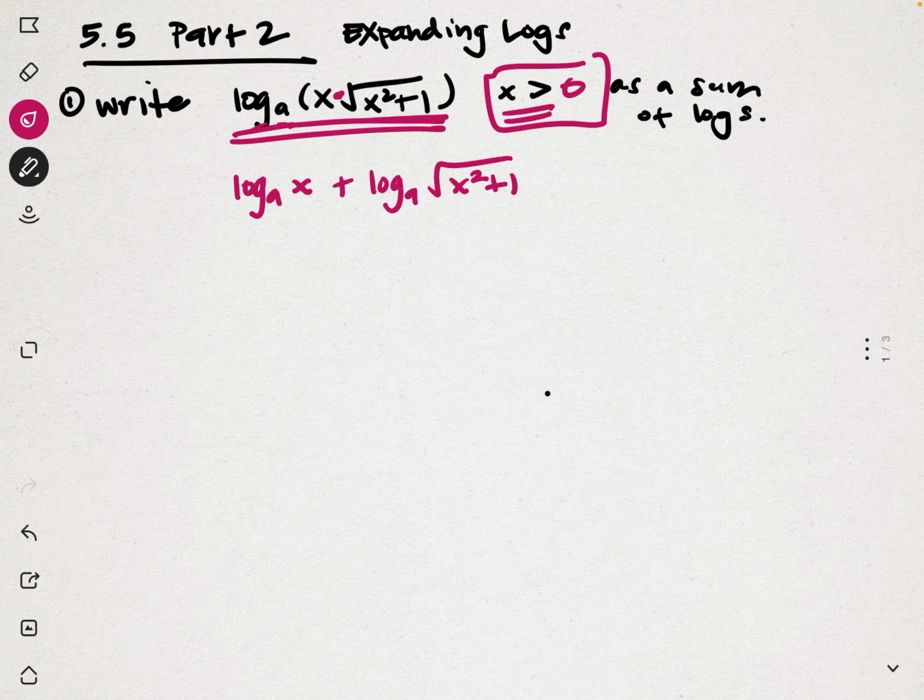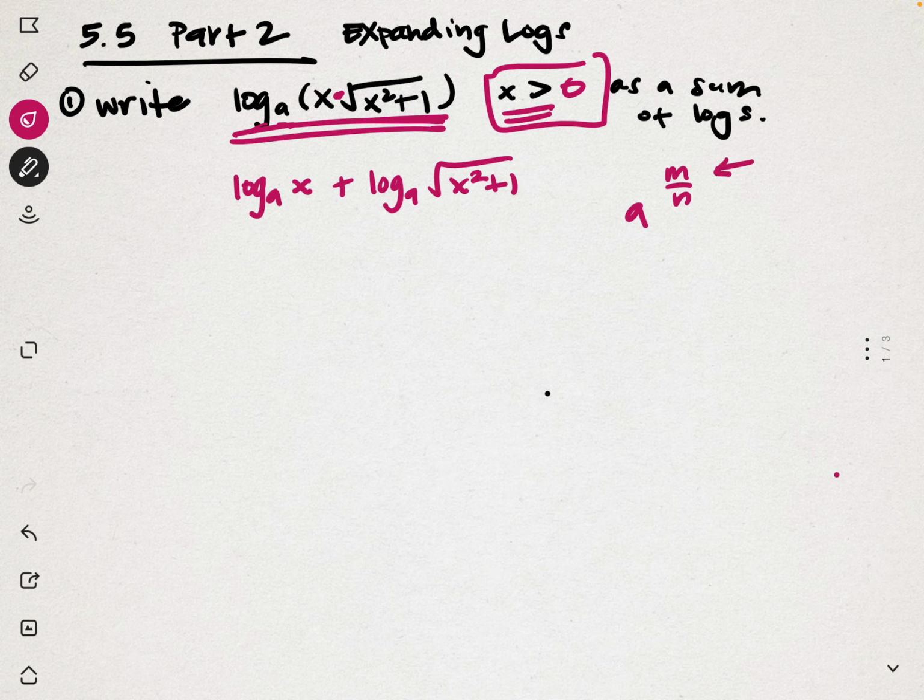Okay, and they want us to simplify this as much as possible. So anytime we have a square root, remember we can write any root as a power, right? So let's say we have a to the m over n.